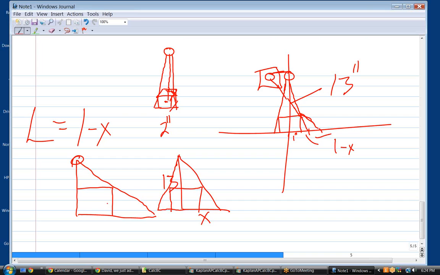Let's see. In this triangle here, that's 13. Actually, no, this is not a straight line. Since that's a radius to the center, that's a curved line that I can move that flashlight along, correct? Yes. So this triangle here means that that side's not 13, and in this triangle the vertical is 13.